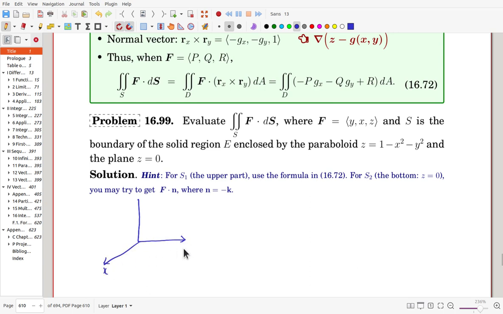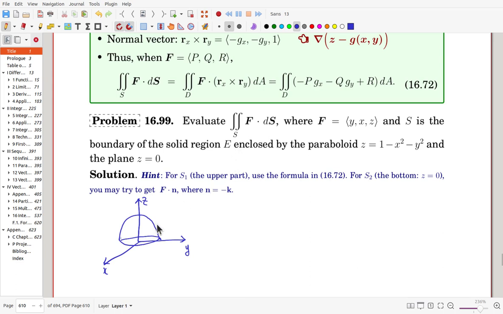X direction, Y direction, Z direction. The paraboloid is z equals 1 minus x squared minus y squared, and then z equals 0. The solid region E, and S is the boundary, so now it's a closed surface.